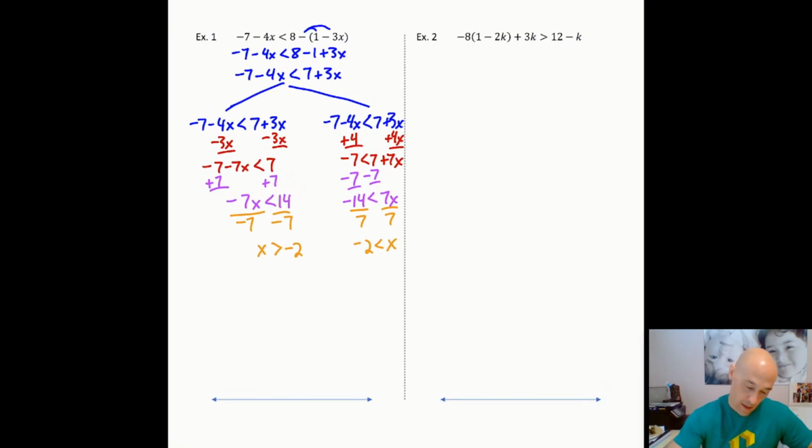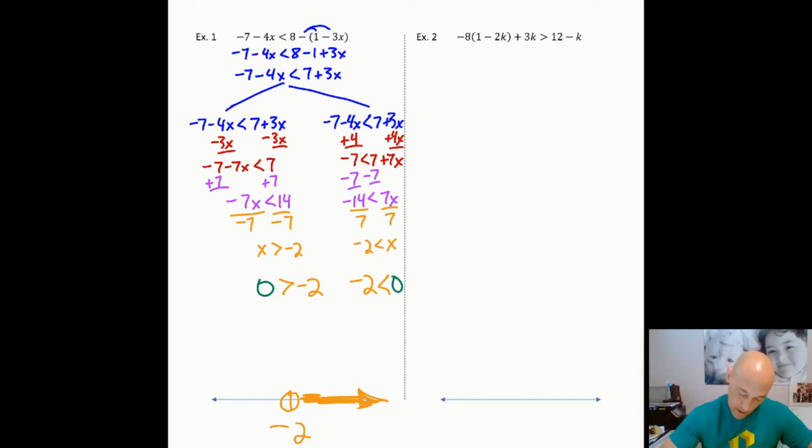So now on my graph down below, I can put in negative 2. It's going to be an open circle because there is no equality on those inequalities. And x is greater than negative 2, which means I'm going to be shading in that direction. I'm going to put in a check point. I'll do 0 is greater than negative 2, and negative 2 is less than 0.